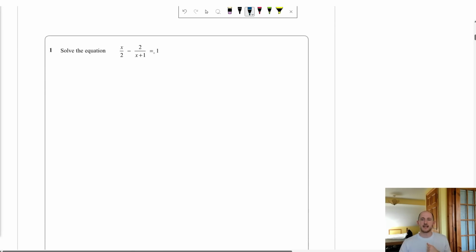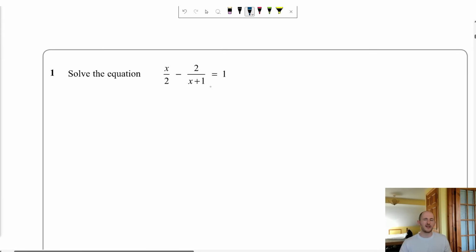But without further ado, let's jump straight into question 1, which is an algebraic fraction question, which honestly isn't too bad. So when you have something like this, it says to solve. But to solve algebraic fractions, you need to first do the addition, subtraction, multiply, or divide that it says here. So here is a subtraction, which means we're going to make the denominators the same.